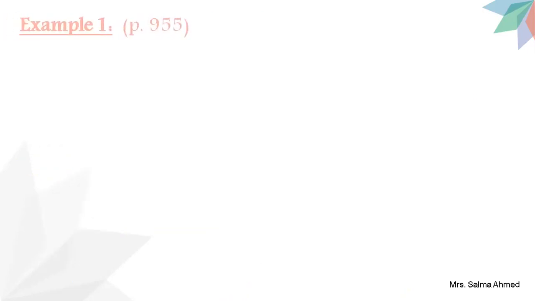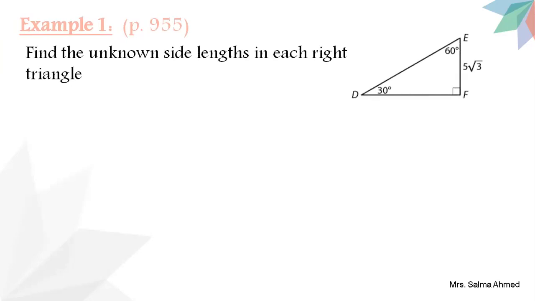Example 1, page 955. Find the unknown length. Here I have this 30-60-90 triangle, and I have the shortest leg, which is 5 root 3. I need to find DF and I need to find DE.